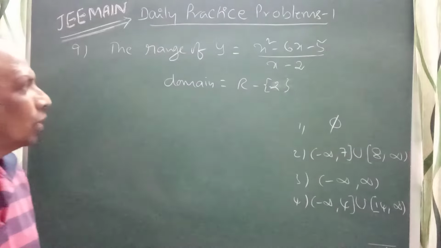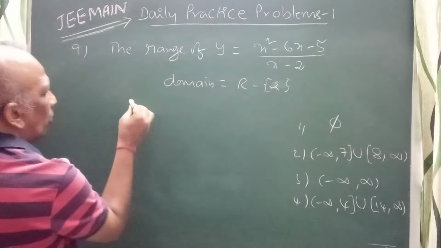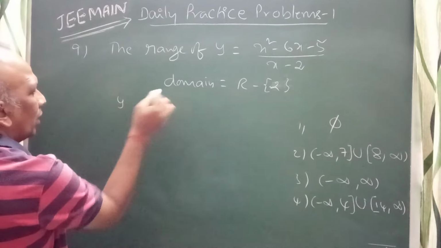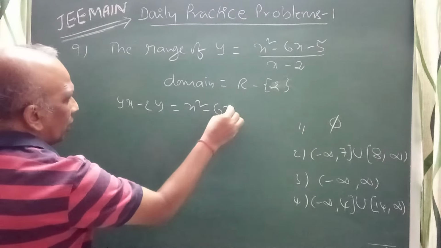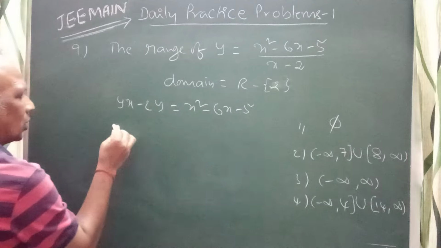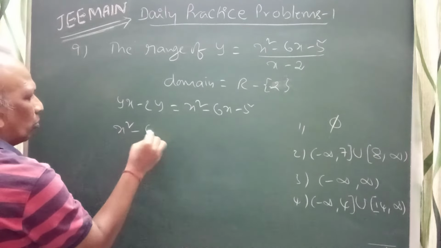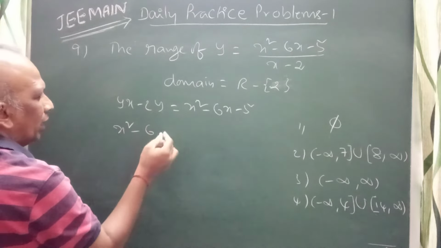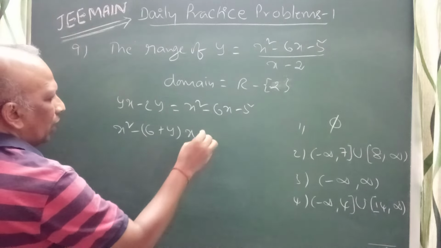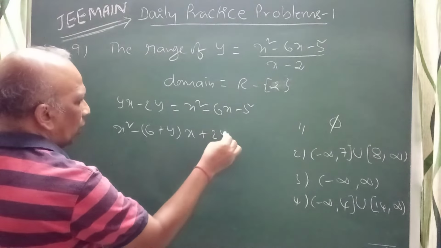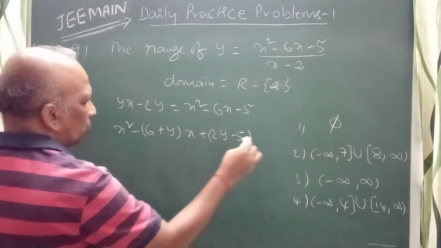Now when I am talking about the range of this, if we do cross multiplication, I can write yx minus 2y equal to x square minus 6x minus 5. Transferring to one side, x square minus (6 plus y) into x, plus 2y minus 5 equal to 0.